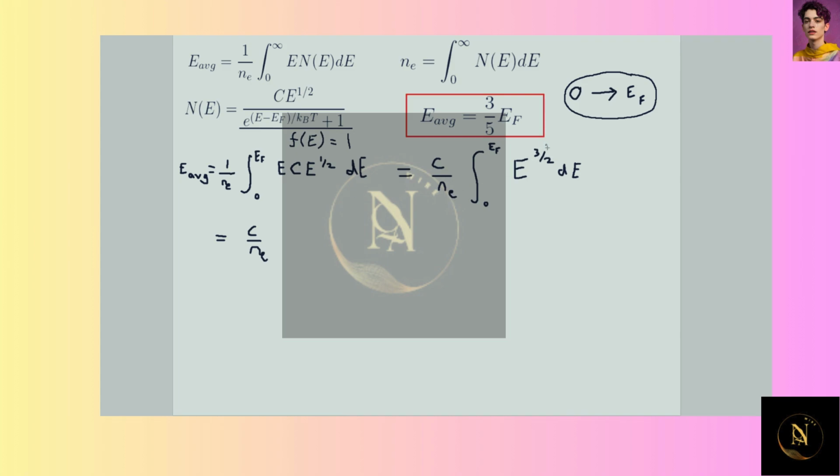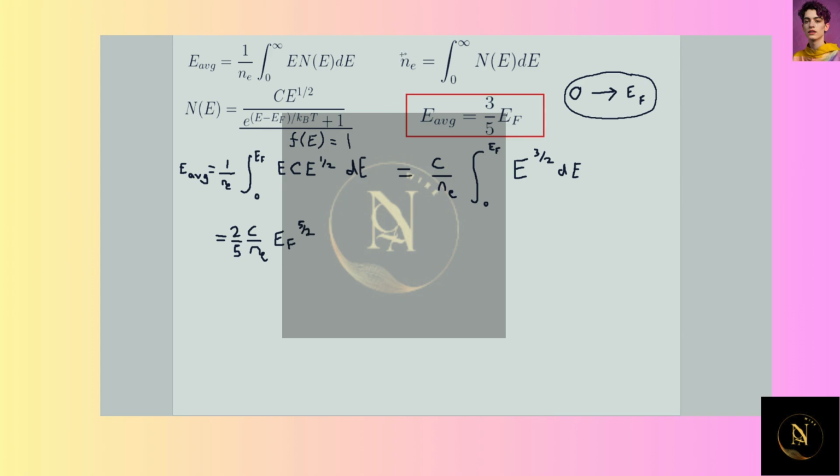Now we need to add 1 to this power, which will make it 5 over 2, and divide by that power. So that ends up with a 2 over 5 at the front. When we evaluate this expression at 0, it will just be 0. So we only need to consider the first term with E_F in. Remember, we've added 1 to the power, so all that comes out will be E_F to the 5 over 2.